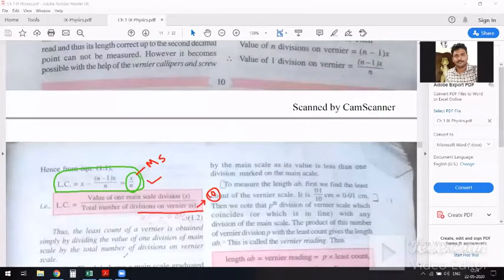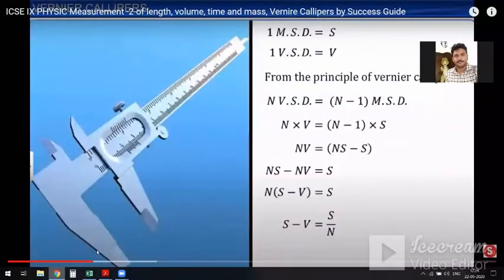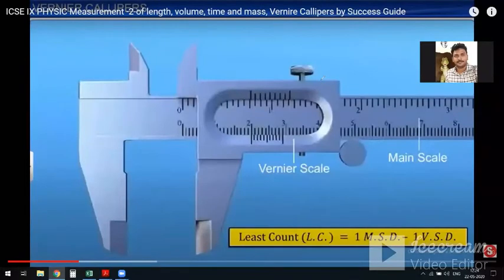Okay, so let me use this other formula for calculating least count. You can see the diagram now. Let me come up to the diagram. The second formula for least count is x upon n.